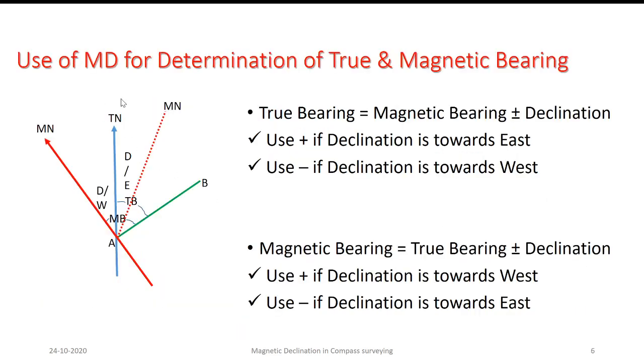We can use this magnetic declination for the determination of true and magnetic bearings.